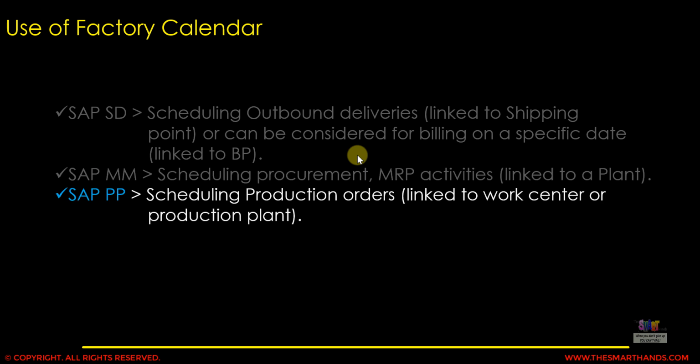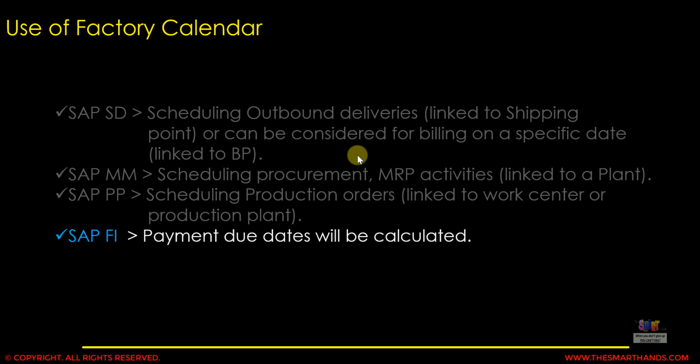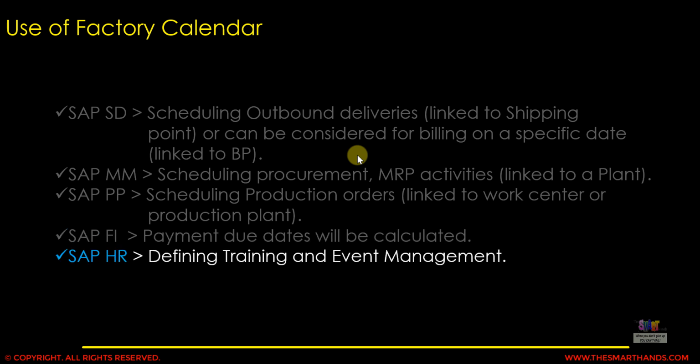In SAP production planning, for scheduling of the production orders, we can link it to the work center, or we can also link it to the production plant. Also in other modules like SAP FI, according to the factory calendar, the payment due dates will be calculated. And in the HR module, the factory calendar is used in defining training and event management.